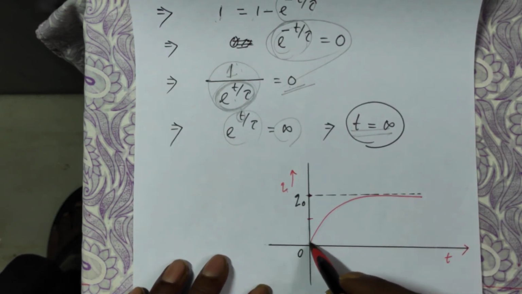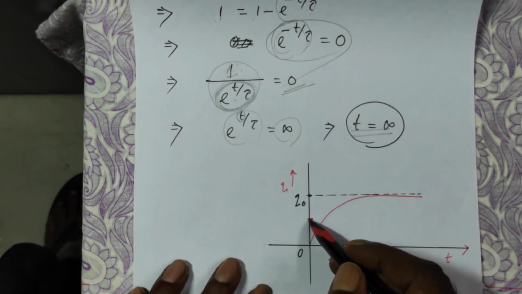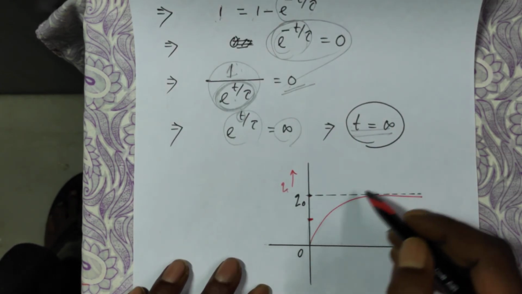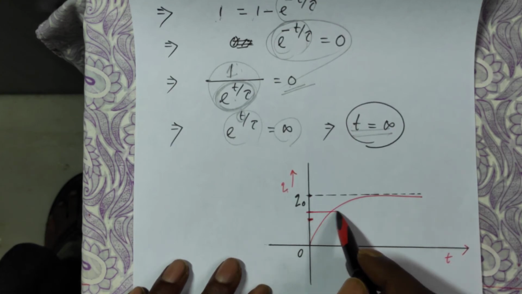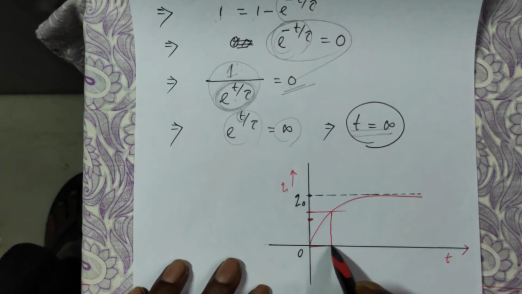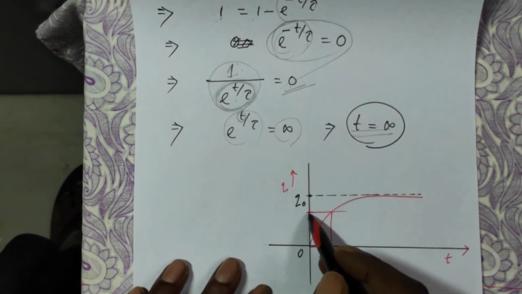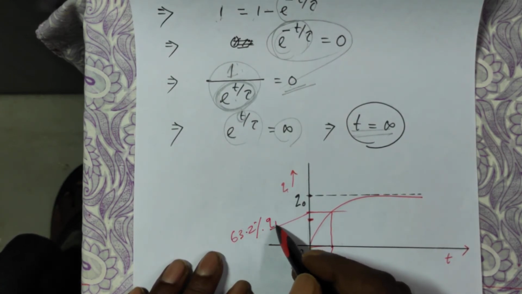So half of this, from here to here, is 50%. So from 50% plus the rest to make it 63. So this time from here to here is t equal to RC, and here it is equal to 63.2% of Q naught, right?